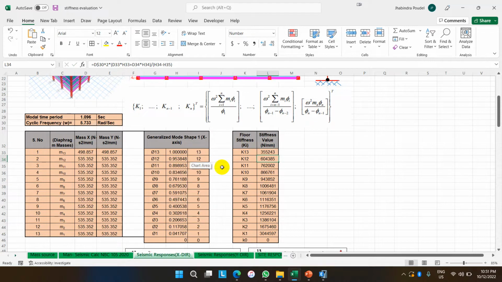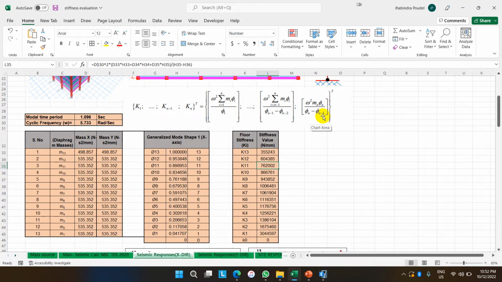Similarly, for the 12th story, the story masses of the 12th and 13th stories should be taken according to this formula, and W square will be the same. It is phi 13 into M13 plus phi 12 into M12, divided by phi 12 minus phi 11.